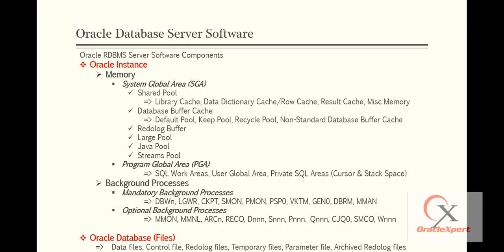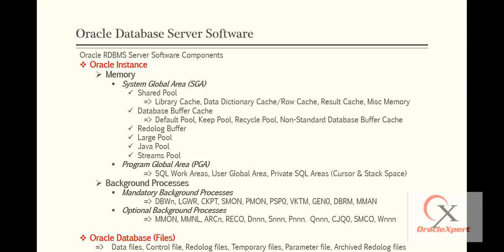Inside the database buffer cache, you may have default pool, keep pool, recycle pool, and 0 or more non-standard database buffer caches. It depends upon the way you have configured it, depending upon your requirement.